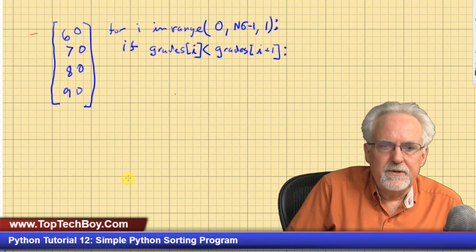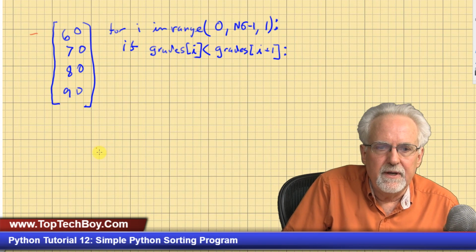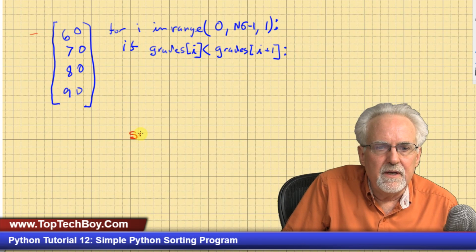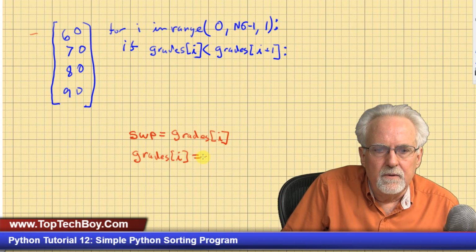Okay, so now what you have to see is that what you're going to put in this if statement, is if you need to swap, the first thing you need to do is you need to put that 60 to the side. So swap is going to be equal to grades of I, and that way we don't write over it. Now what I can say is grades of I is equal to grades of I plus 1.